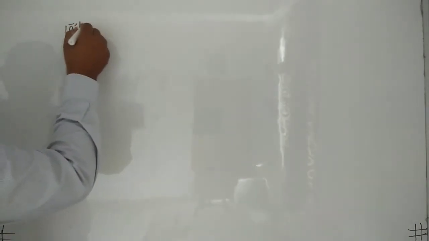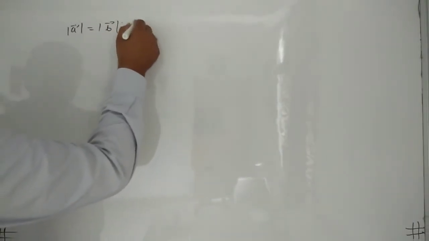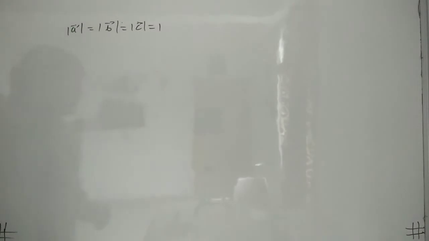Now let us consider a few questions. The first question, I have taken the 13th question of exercise 7.3 on page number 448. Magnitude of vector A, magnitude of vector B and magnitude of vector C are equal, and all three are equal to 1.